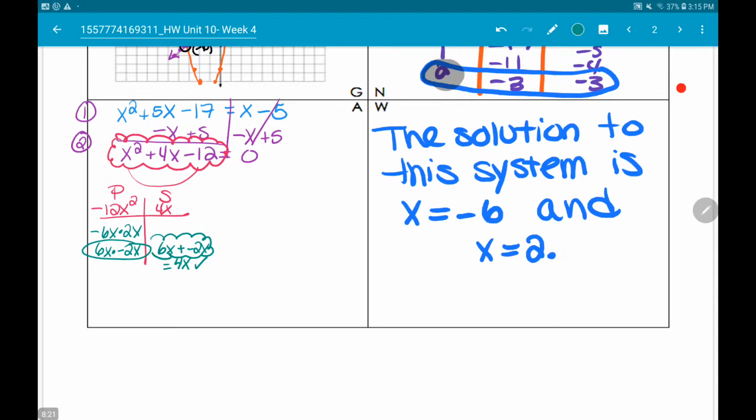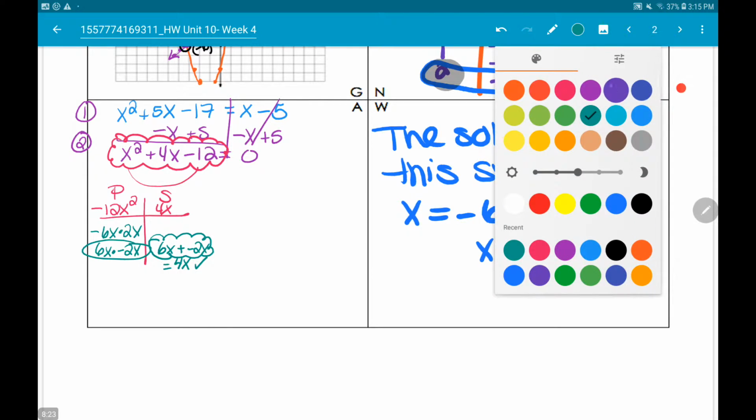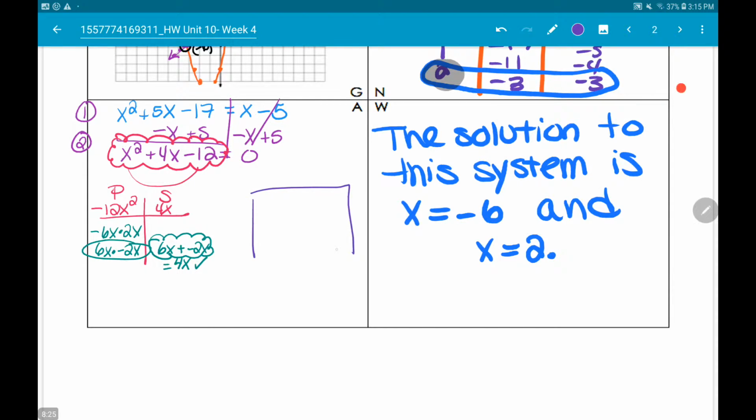These are my magic numbers. I go into my table: x squared, negative 12, 6x, and negative 2x.